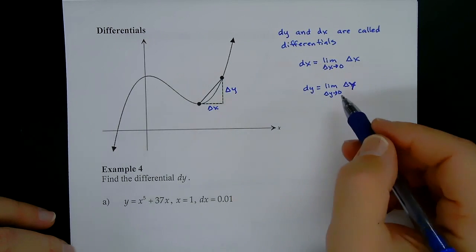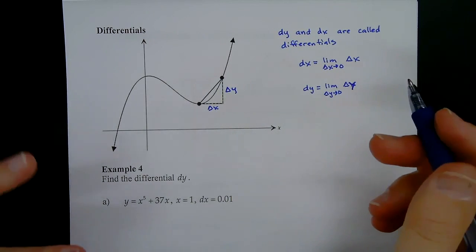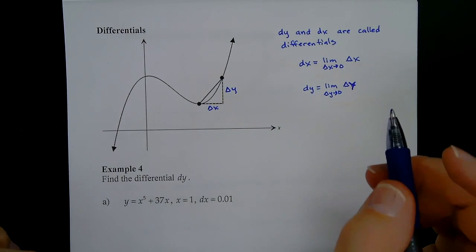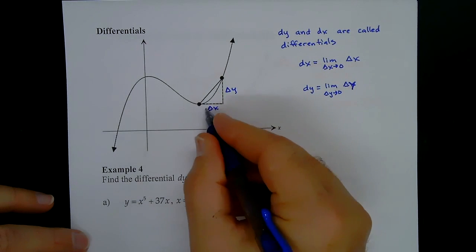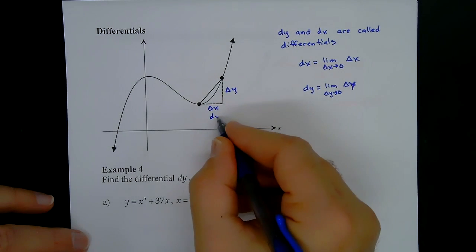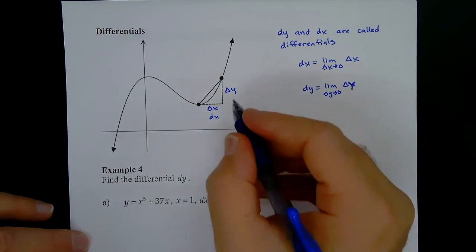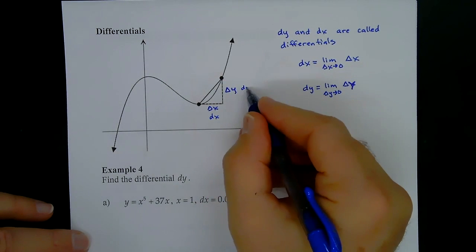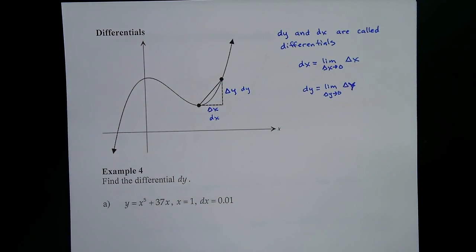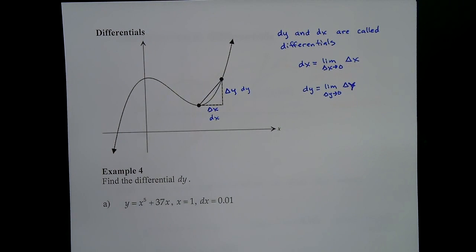If you shrink one, you shrink the other, but how much do you shrink the other? That's really what this is all about. So this delta x becomes dx when we get really, really small, and the delta y becomes dy. That's why slope is delta y over delta x, and in calculus, it's dy over dx.